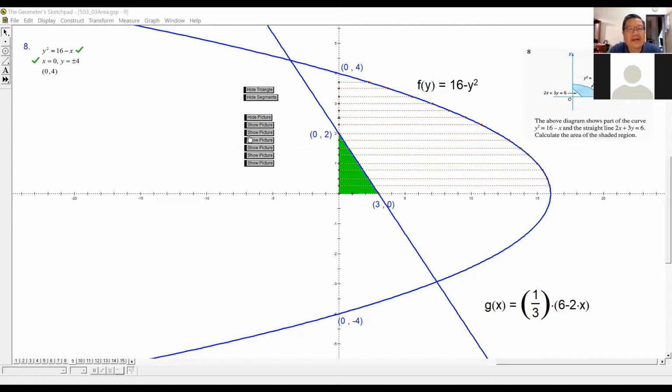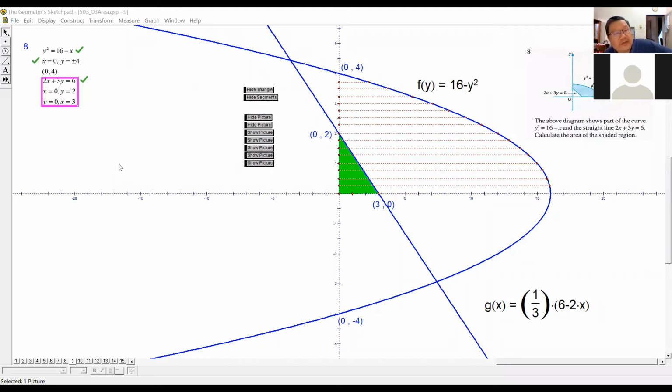Okay, next we also solve for the points here, 0, 2 and 3, 0. How to solve for these 2 points? You use the equation of the straight line, 2x minus 3y equals to 6.